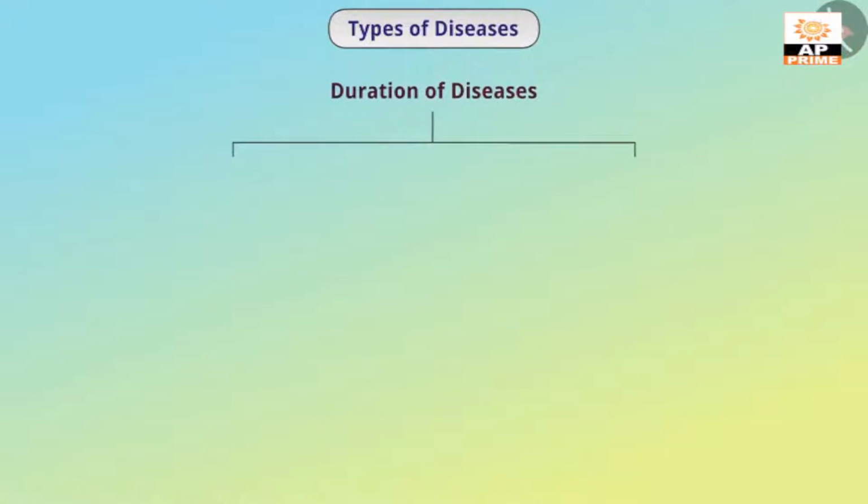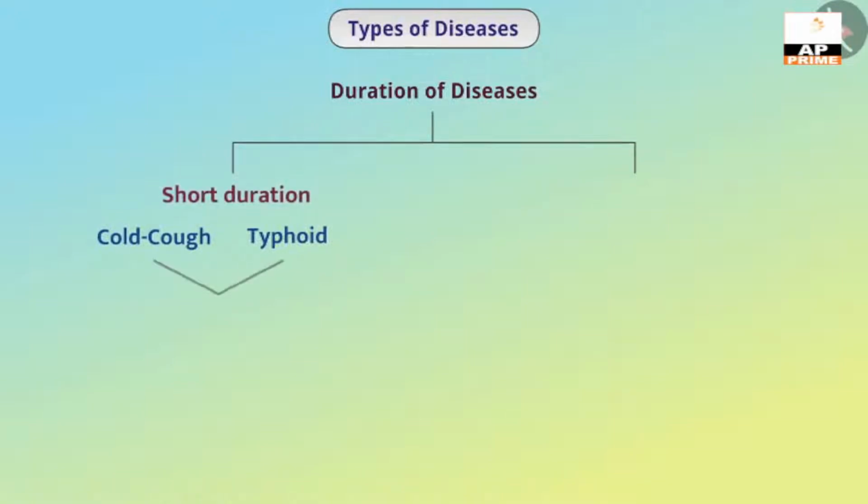We can divide diseases into different groups. One way of this is that we classify different diseases on the basis of duration of disease. Some diseases like cold, cough, typhoid occur suddenly and are of short duration. Such diseases are called acute diseases. Acute diseases do not harm our health much.